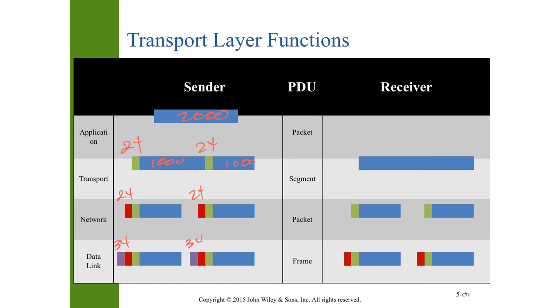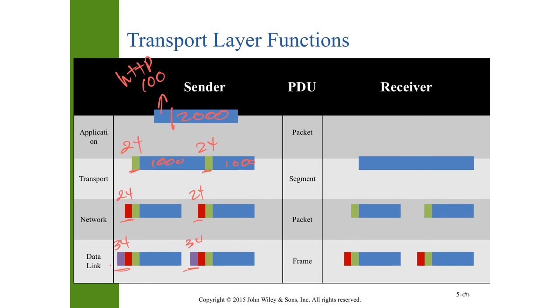Now, the only tricky part here is that the first part of the message has the 100 bytes of HTTP. Notice that the transport layer will add its overhead to each segment. The network layer will add its overhead to each segment. Ethernet will add its overhead to each frame.